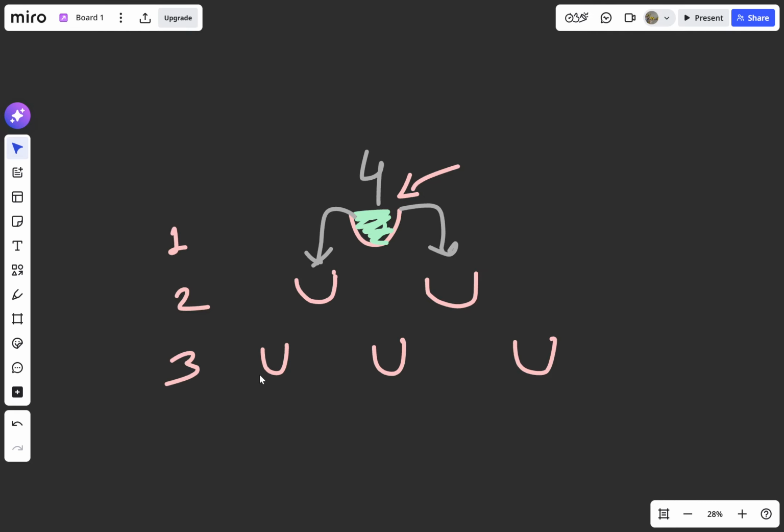One glass of champagne will be consumed by that glass only, because it has a capacity of 1, so the excess remaining is 3. That is divided into 2 parts, so this part will get 3/2 and this part will get 3/2, equally into each container.